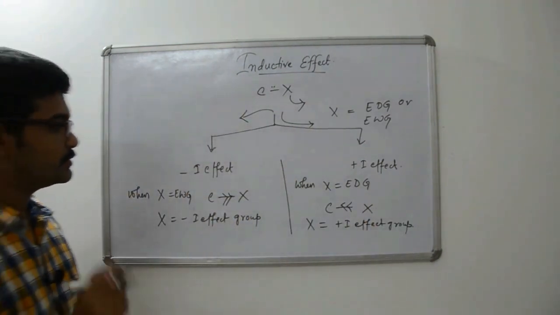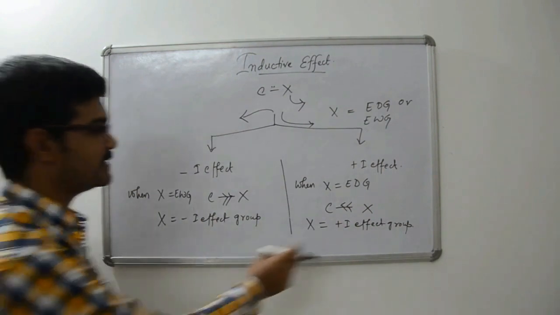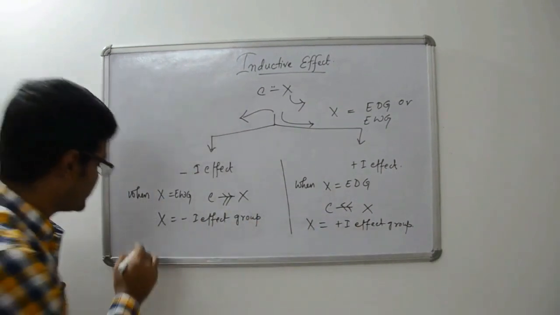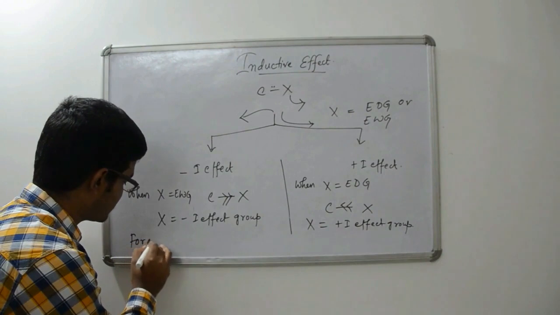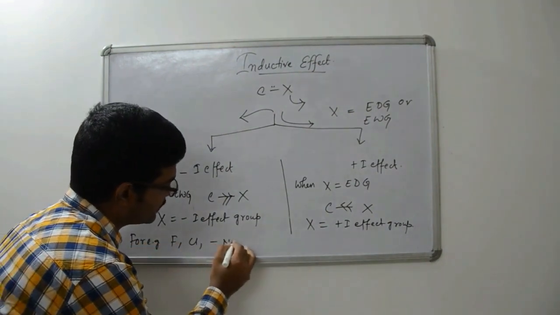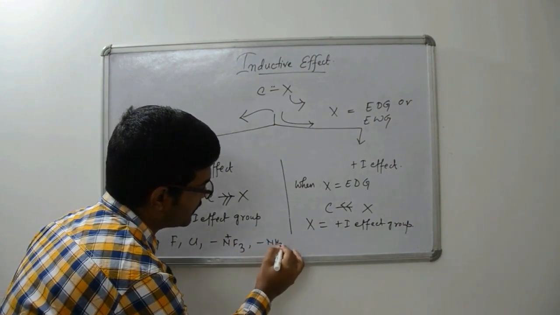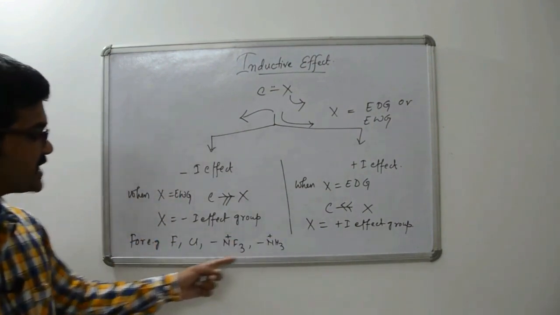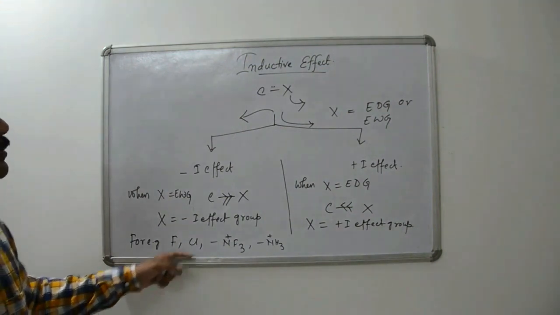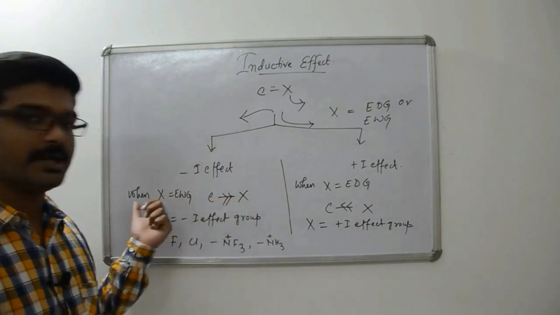Right? So now let's see some examples of minus I effect and plus I effect groups. For example, fluorine, chlorine, NF3 plus, NH3 plus. When this type of groups are attached with the carbon chain, then it withdraws the electron from this carbon chain.